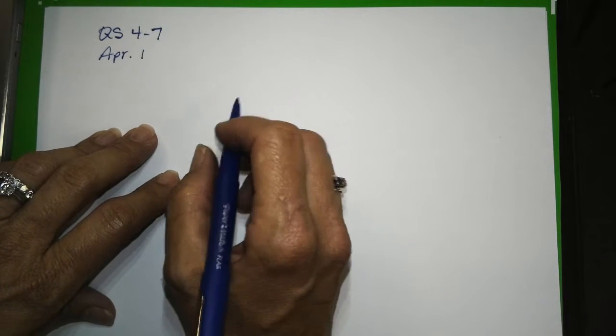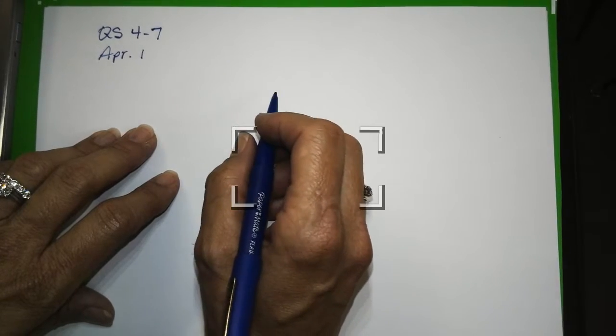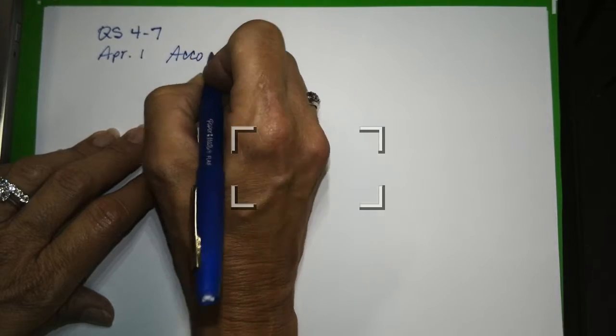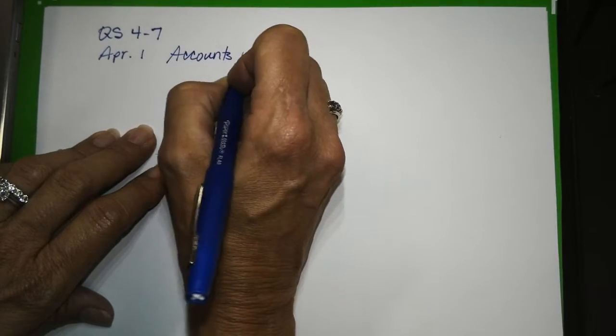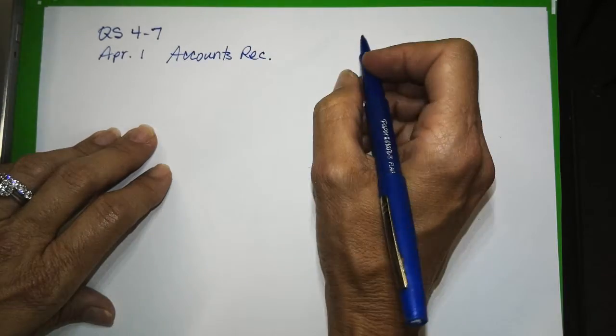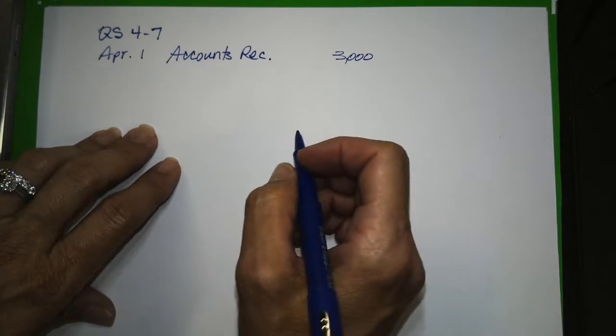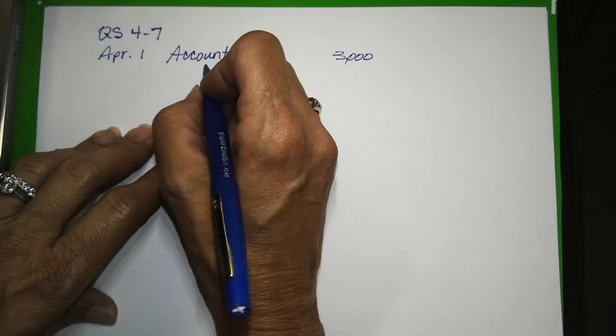So if we gave the customer terms, that means we billed them. So what are we going to do? Well, we're going to debit accounts receivable for $3,000. Okay, and we are going to credit sales.